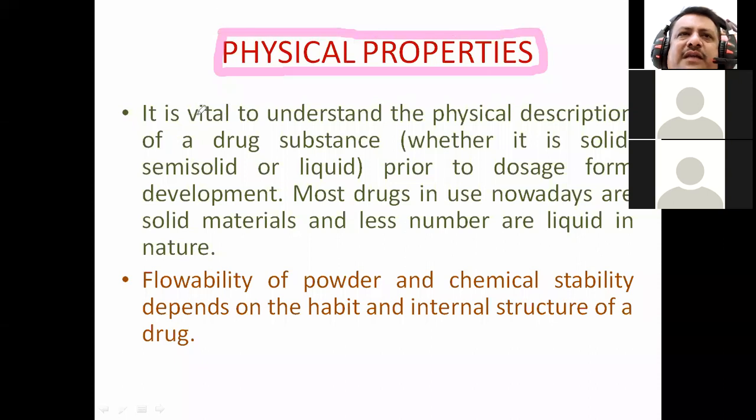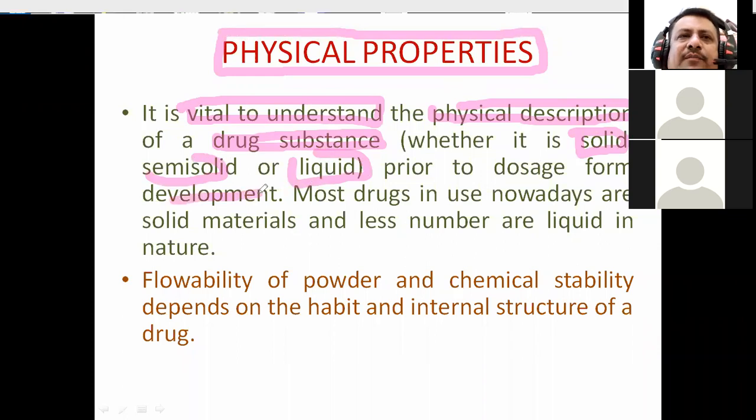Now, when we talk about physical properties, it's very vital to understand the physical description of a drug substance. When we say the physical description of a drug substance, it means whether it is solid in nature, semi-solid, liquid or gases, prior to dosage form development.